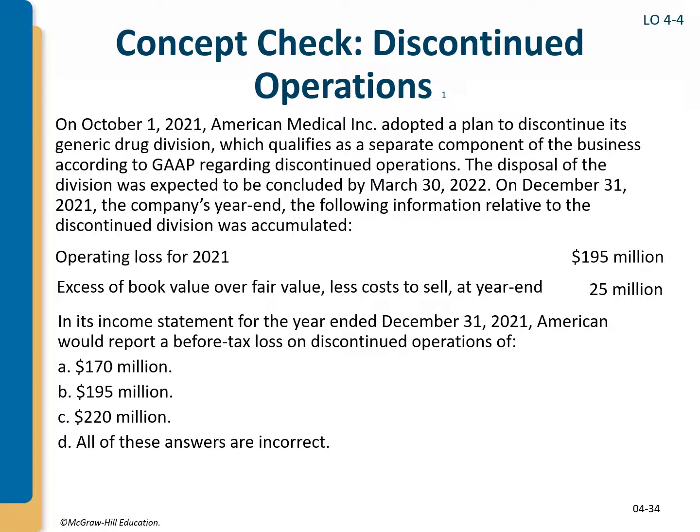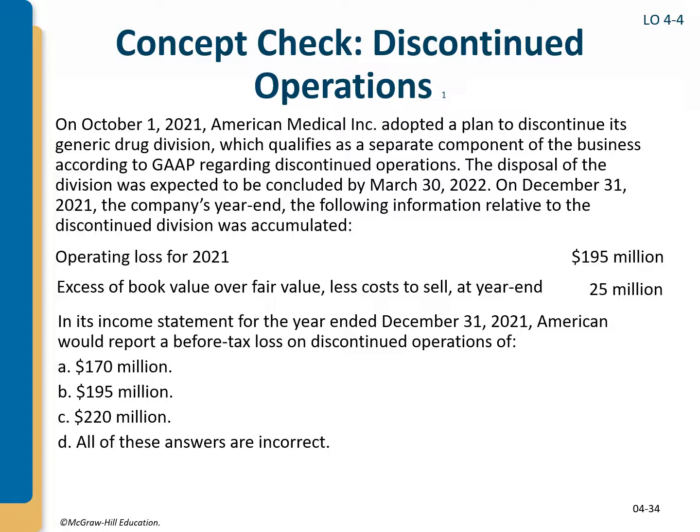On October 1st, American Medical adopted a plan to discontinue its generic drug division, which qualifies as a separate component of the business according to GAAP. The disposal of the division was expected to be concluded by March 30th, 2022. At December 31st, the following information relative to the discontinued division was accumulated.